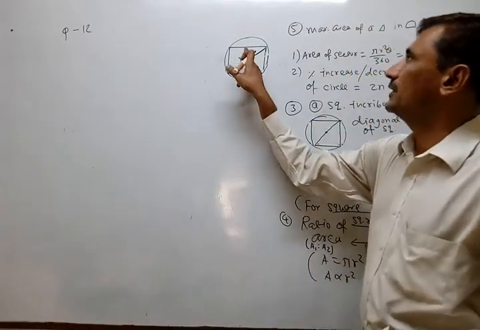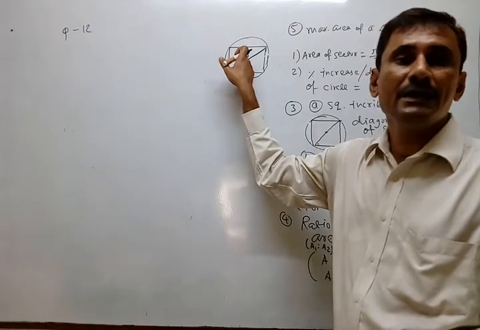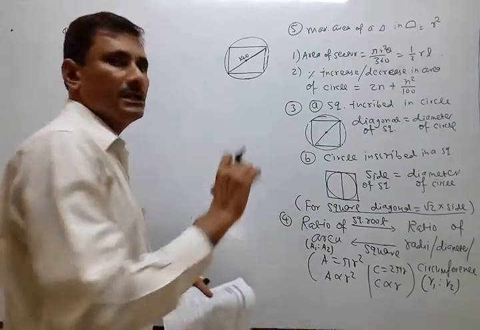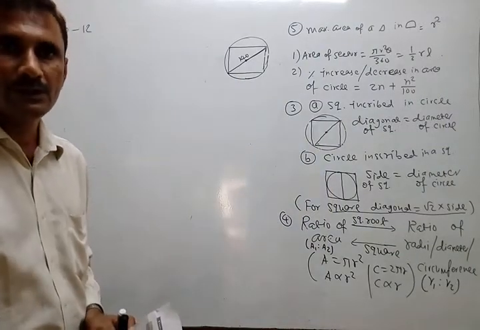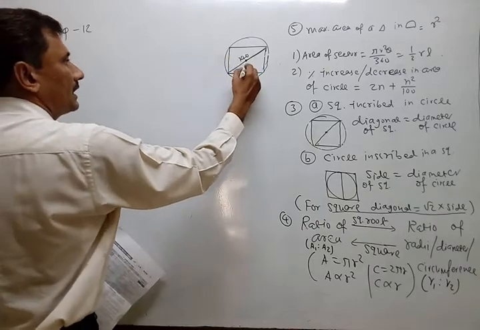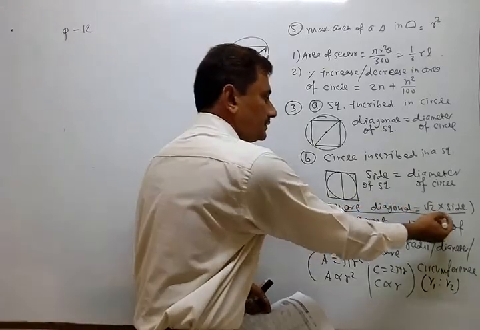But first of all, we have to go to the side. If we do not have the side of the square, then we cannot find the area of the square. So first find L using the Pythagoras formula, otherwise using this relation.